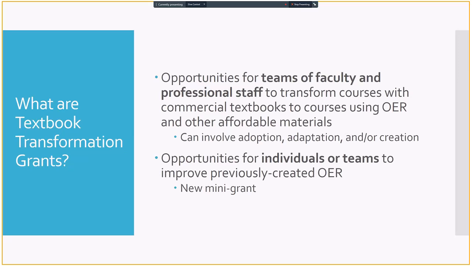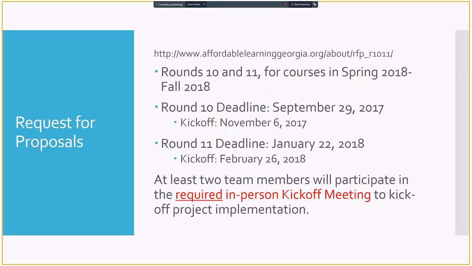It's about changing your course from being based on a commercial textbook to being based on open educational resources and other no-cost and low-cost resources for students. That can include library resources, free resources on the web, and platforms that support OER. So, for example, a low-cost mathematics homework platform that works with OpenStax also works for textbook transformation grants.